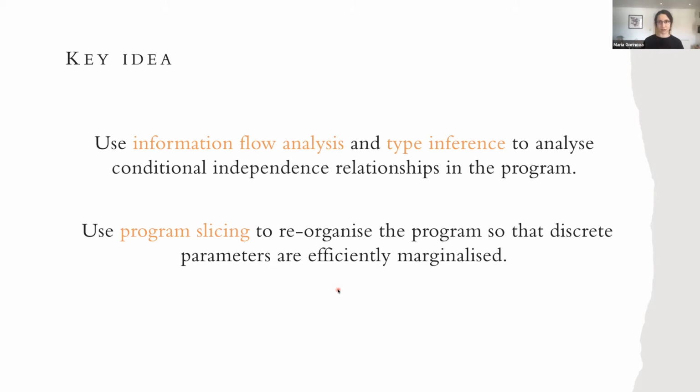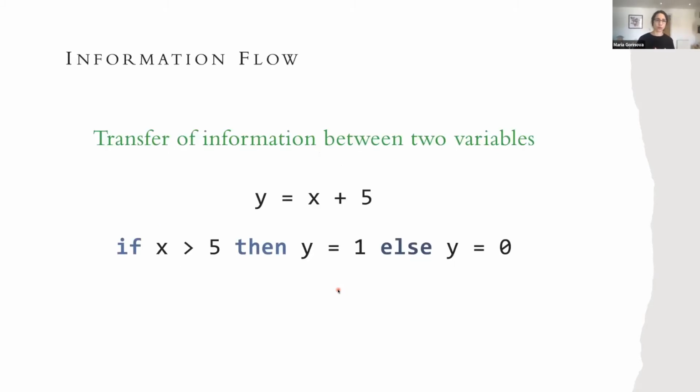It did that in the sense as a compilation step. Right. So what do I mean by information flow analysis, which I mentioned several times? Information flow is essentially just the transfer of information between two variables.